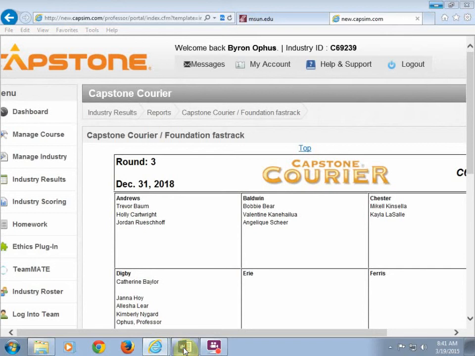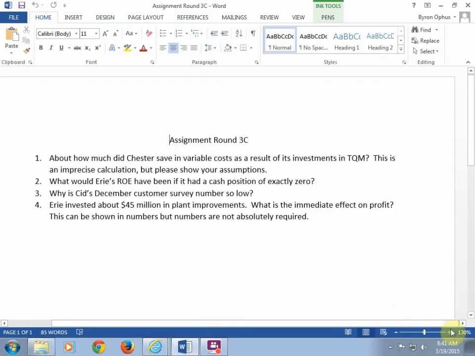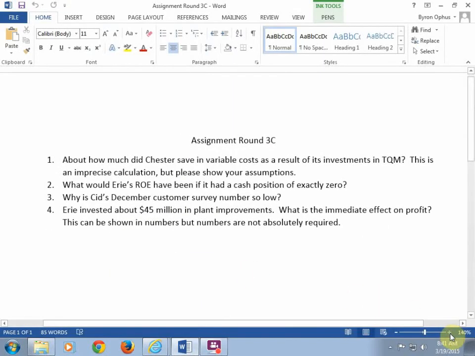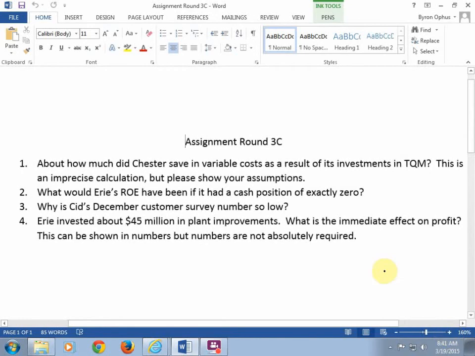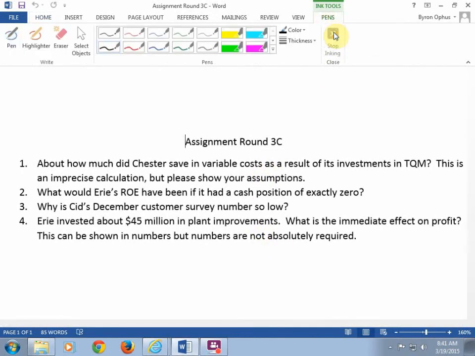Let's take a look at the upcoming assignment. First question is going to be, good one to ask because Chester doesn't have to do the assignment, so I'll ask a question about Chester. How much did Chester save in variable costs as a result of its investments in TQM? It's an imprecise calculation.